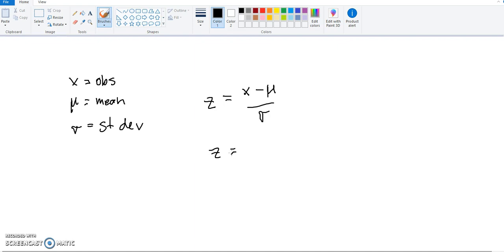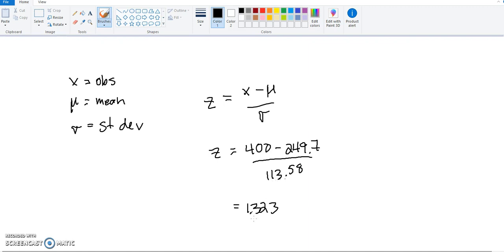So in this case, z would be 400 minus 249.7 divided by 113.58, and that comes out to a value of 1.323, something like that.